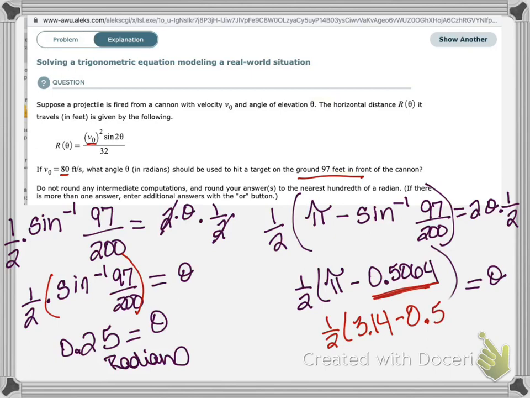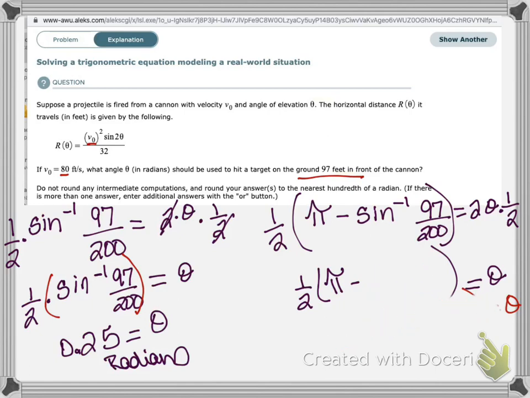That's an approximation, but that's what we're doing. Minus 0.5064, and that's an approximation. But I want you to put those numbers there so you can realize what we're doing. Now, when I do the keystrokes in my calculator, you're going to have to do some pretty intense keystrokes to make sure that you get this correct.